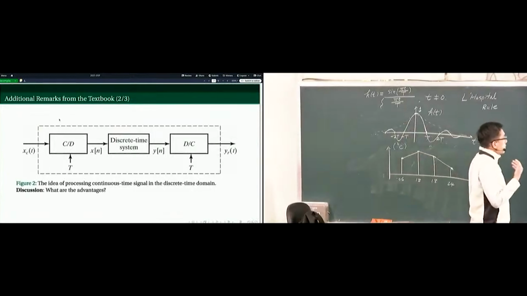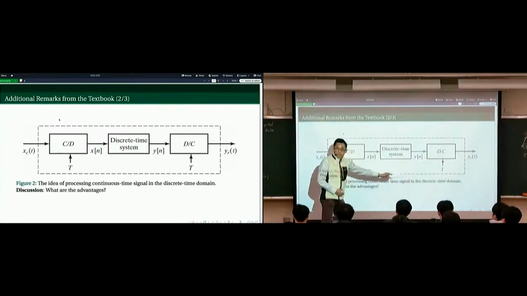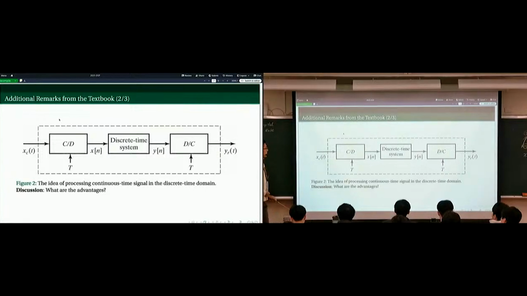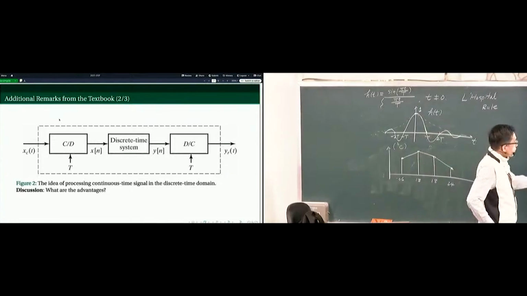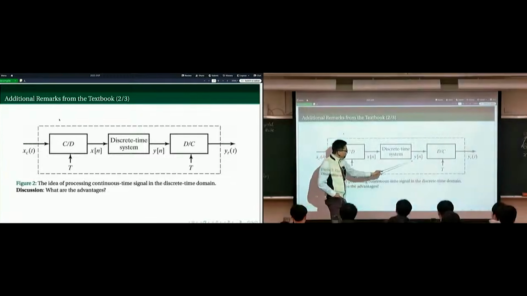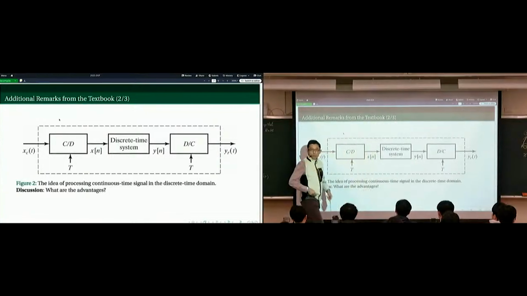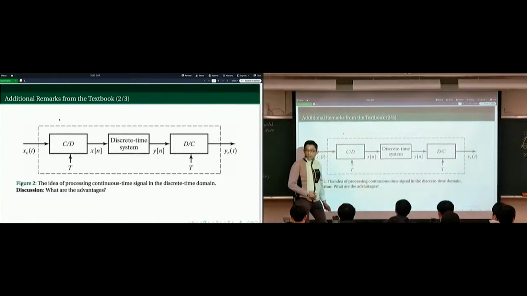So far we have introduced C to D as well as D to C. You can start with any continuous time signal in the world, define your sampling period and convert it to discrete time, the result being a sequence of numbers. And when you're given a sequence of numbers, you can convert it back to continuous time. We can perform C to D conversion, and we can perform D to C conversion.